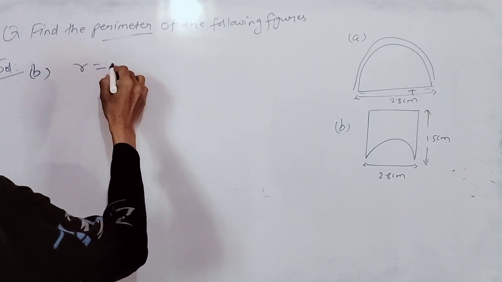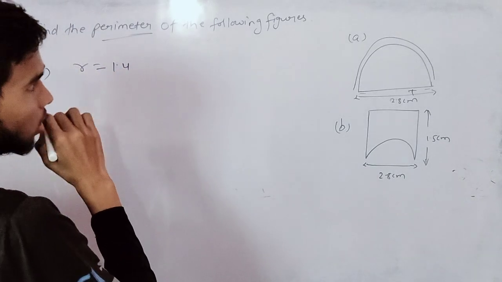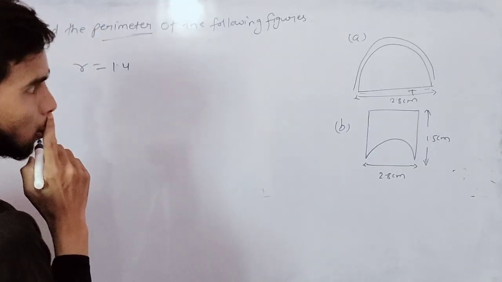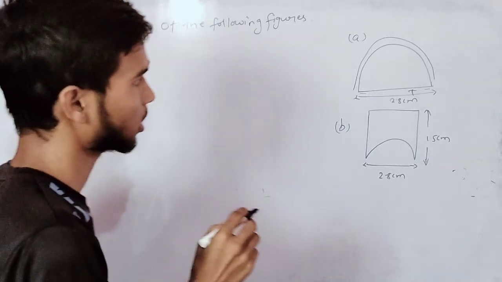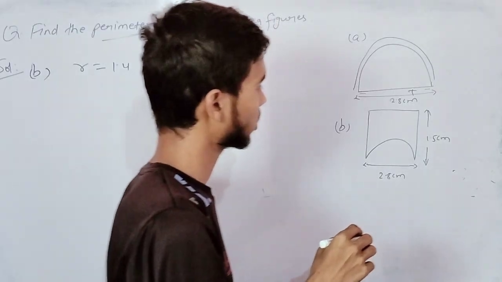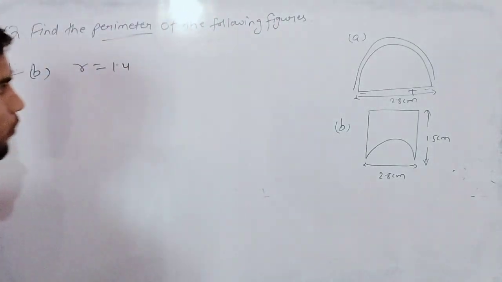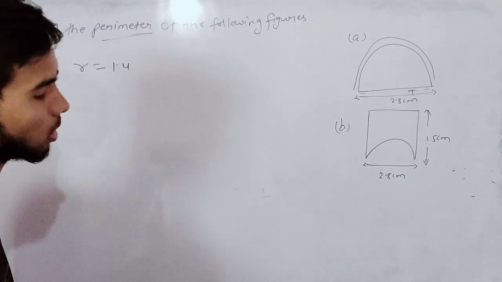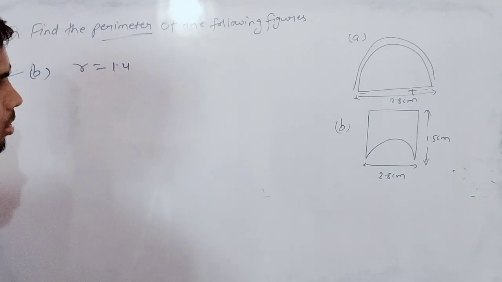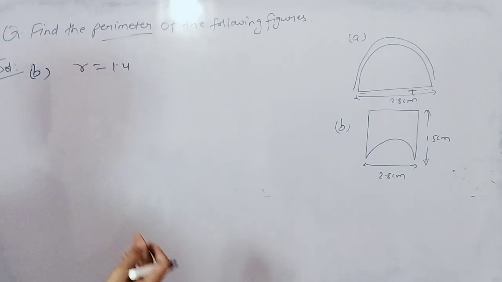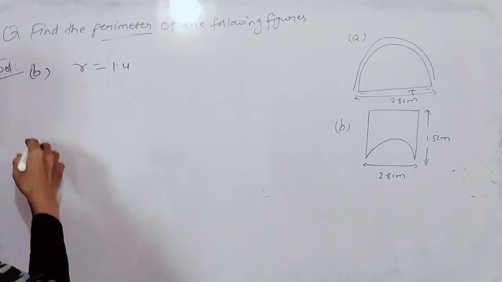So radius would be 1.4. What else? 1.5 centimeter, 2.8 centimeter. We have to find the perimeter, not the area.